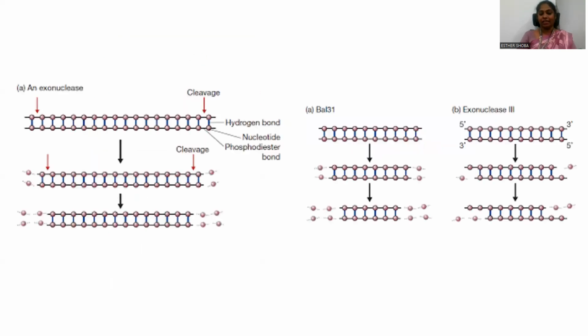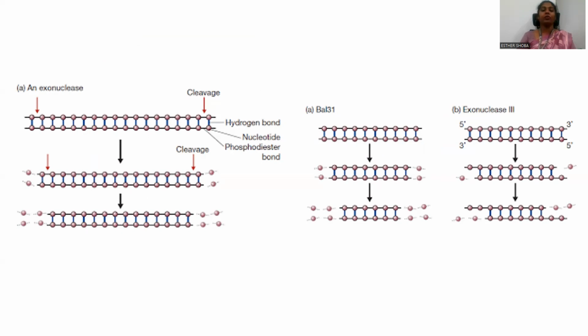This typically represents exonucleases, with the examples of BAL31 and exonuclease 3. In BAL31, I said it acts upon both the strands of the DNA as well as both the ends. Whereas exonuclease 3 acts upon only one strand, and which strand? The strand where you have the 3' end.